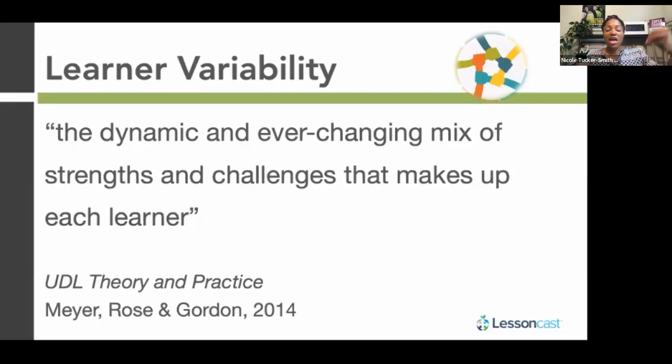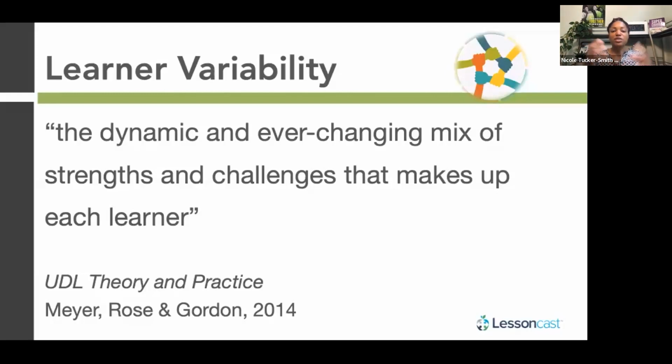You may have a lot of confidence in a particular subject area and less confidence in another subject area or another field altogether. And so learner variability doesn't think about learners as fixed, as I'm good at this all the time, right? But we know that it can change and ebb and flow with context. And that's a quote from UDL Theory in Practice.